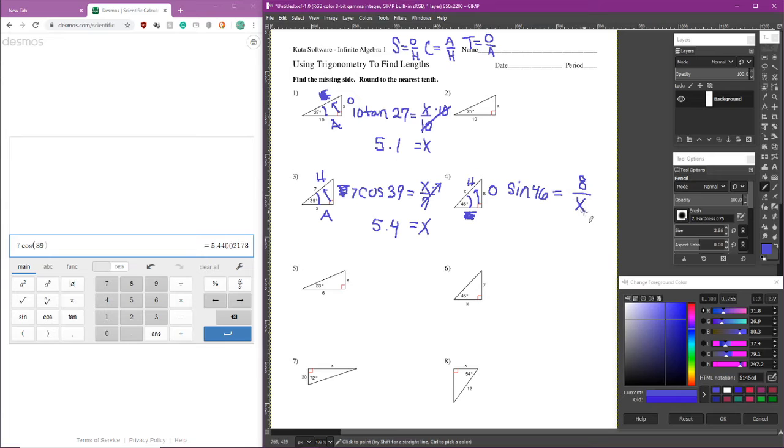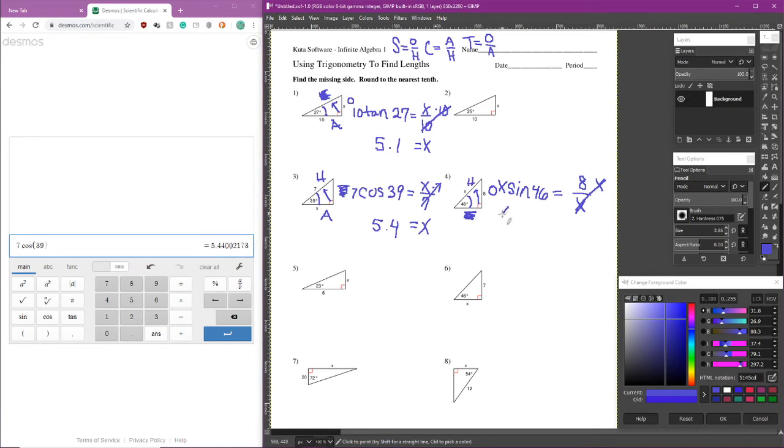Now, there's a slow way to do this. You could multiply by x over here, and anything you do to the right-hand side, you want to do to the left-hand side. So we can multiply by that x on both sides. Now we still want to get x all alone.